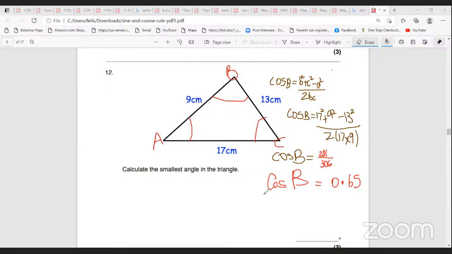All right, we're going to find the value of B, the angle B. What do we do? Miss, use the inverse function. So you're going to put B equals cos inverse 0.65.